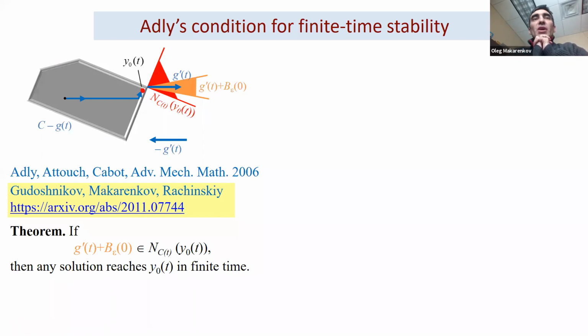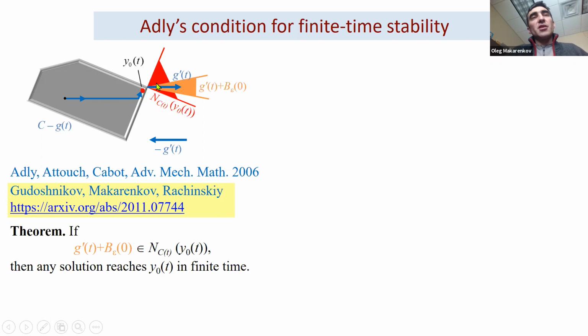And so here we use the condition which Samir Adly also used in his talk. So what is required is that the vector of the motion, the vector of the velocity of this constraint at this point, in this corner, be strictly in the normal cone constructed at this vertex.